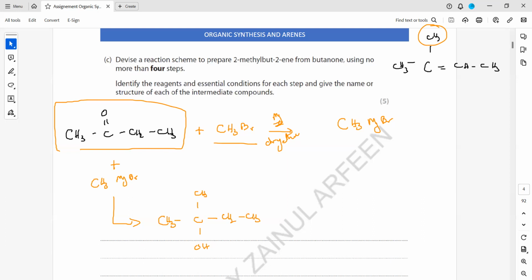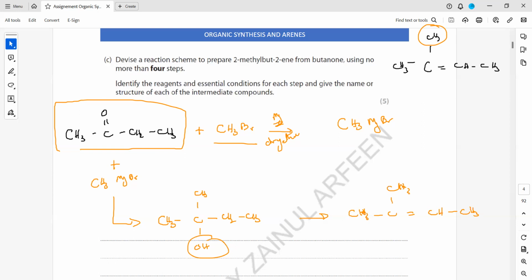Now we want the elimination reaction to happen because we want to convert this alcohol into an alkene. For the elimination reaction, we want to remove OH and H, and convert this into CH3, double bond, CH, and then CH3.